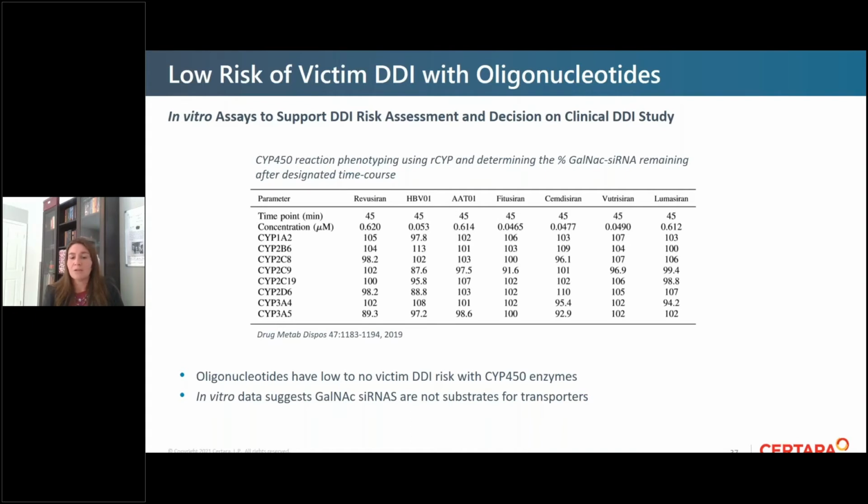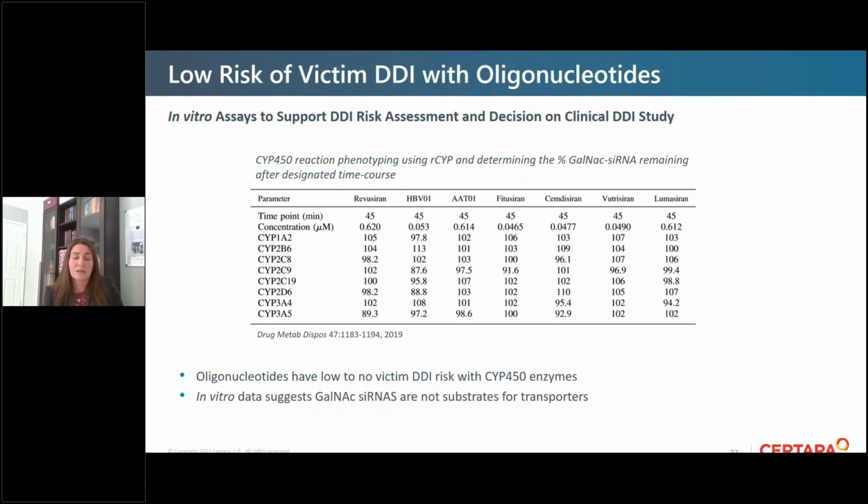There may be a little bit of contribution of some of these enzymes, at a very low percentage, when it comes to N-demethylation or O-demethylation of the linker for the conjugated GalNAc siRNAs. But overall, no significant contribution.